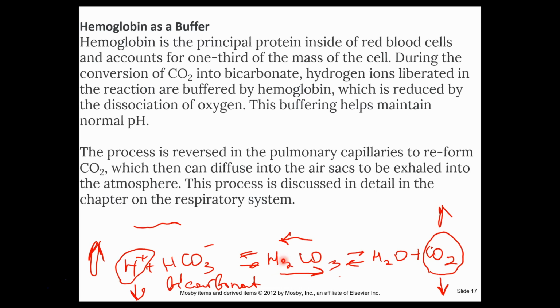Once it reaches the lungs, it decomposes into, actually here, carbon dioxide and water. And so we lose the carbon dioxide, we exhale it. And then the opposite process takes place in the tissues, where it picks up carbon dioxide and binds it into the carbonic acid to carry it away to the lungs.